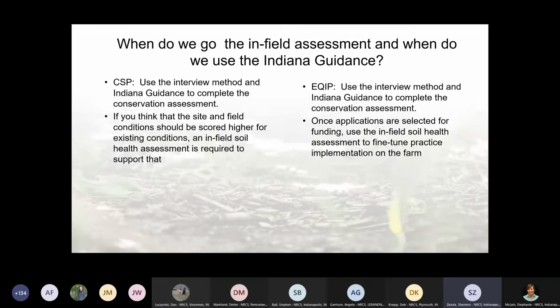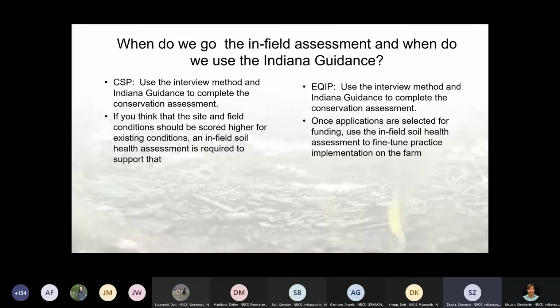But those practices that farmer agreed to do, like maybe more cover crops, we will tailor the specifics of that implementation to make sure we address the resource concerns that we have identified. Or, Shannon, to better address them, because those resource concerns have been identified through that CART process, but now the practice implementation guide is going to better fine-tune that practice implementation on the landscape.